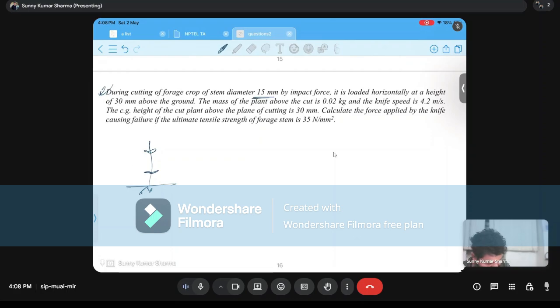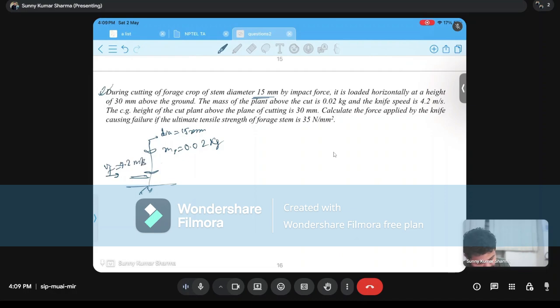The mass of plant above cut is 0.02 kg, and knife speed VF, we generally denote as knife speed, is 4.2 meter per second.